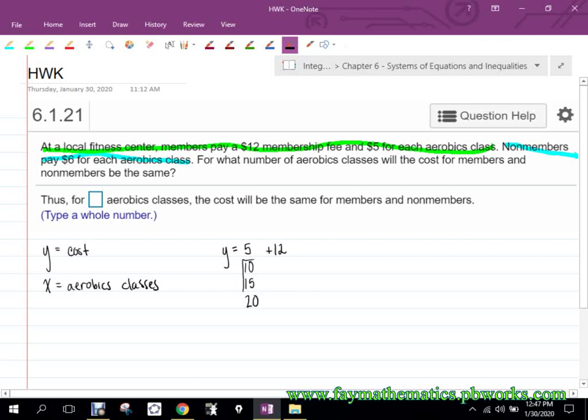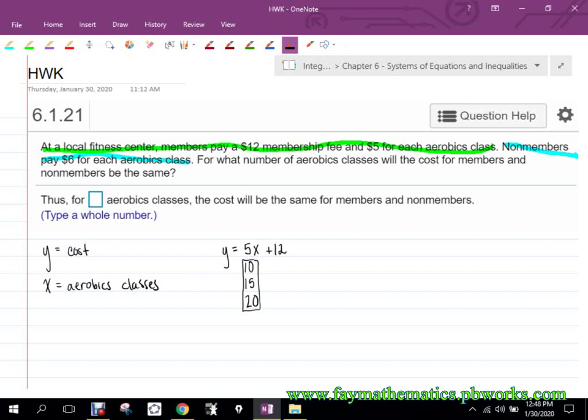What is allowing me to change the 5 to a 10 to a 15 to a 20? It's X, right? Okay, so when X is 1, I'm going to pay the 5. When X is 2, I'm going to pay that 10. When X is 3, I'm going to pay 15, right?